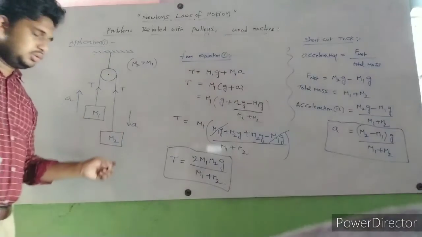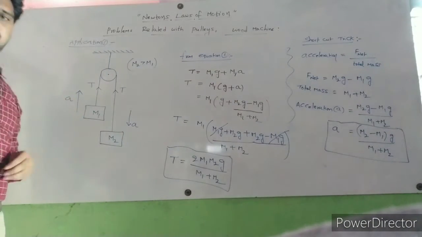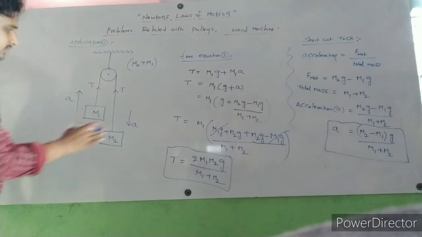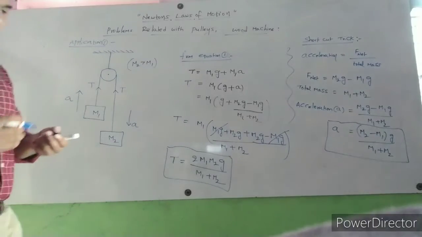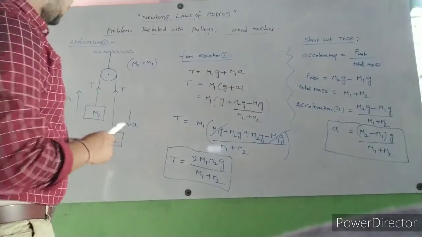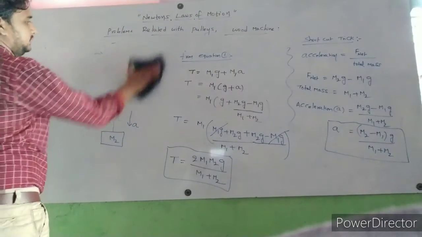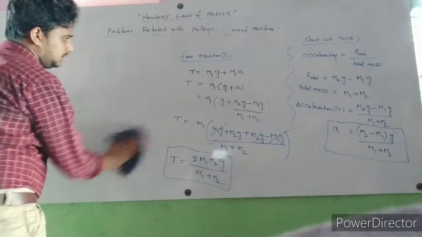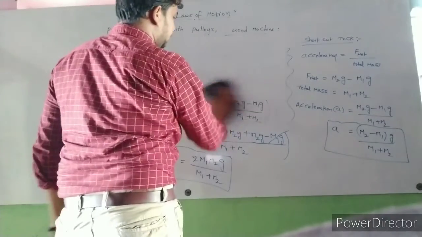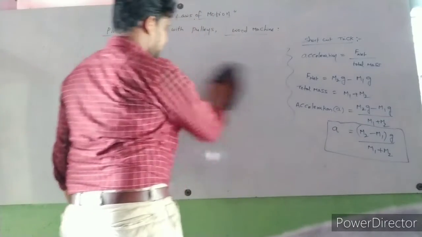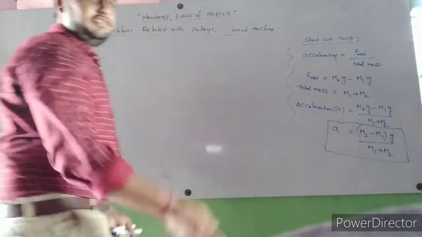Acceleration is m2g minus m1g by m1 plus m2. For example, same question, I'll ask like this with a small change.